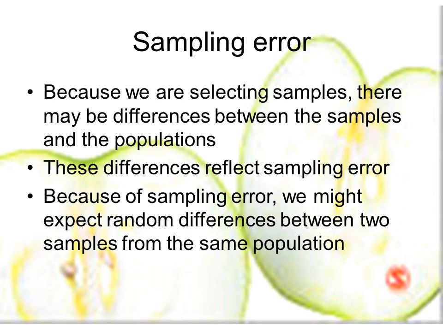Because of the sampling error, we might expect random differences between two samples in the population. So what we're saying is, going back to the example that we just talked about with cluster sampling, if you go into, say, the borough of England and you take a cluster of individuals from that borough, you could look at the whole borough as a whole, and you might have half of those individuals being very wealthy and the other half being very poor.